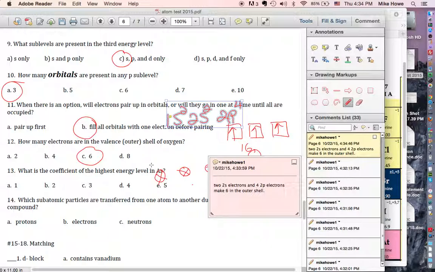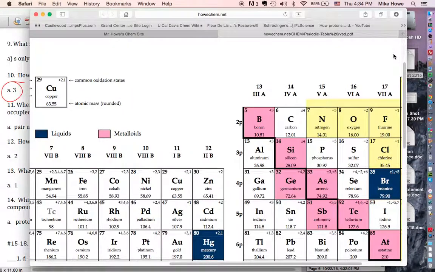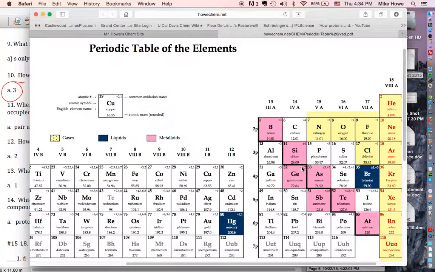The coefficient of the highest energy level in arsenic. To do that, we're going to flip back over to the periodic table. We're going to find arsenic. It's right here, As. This is the first energy level. There is no p sublevel in the first energy level. You notice this is the p block over on this side. So there is no 1p, but there is a 2p, and there's a 3p, and a 4p, and a 5p, and so on.